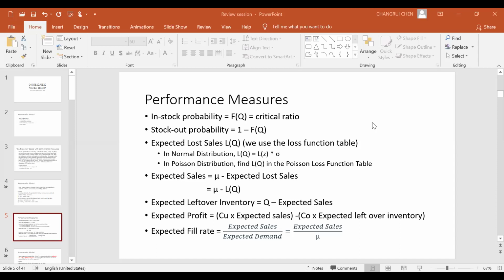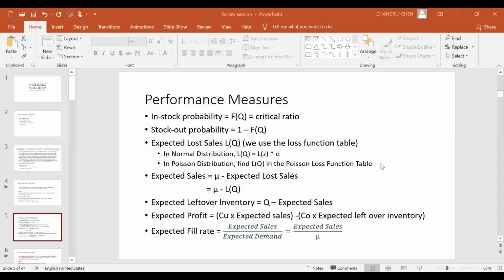But in a Poisson distribution, L of Q is strictly found in the Poisson loss function table. Expected sales is equal to mu minus expected lost sales. The expected leftover inventory is equal to Q minus expected sales.